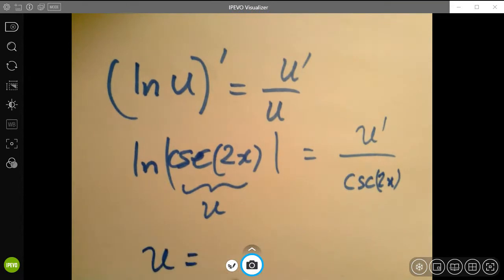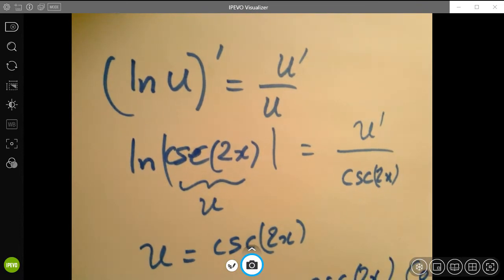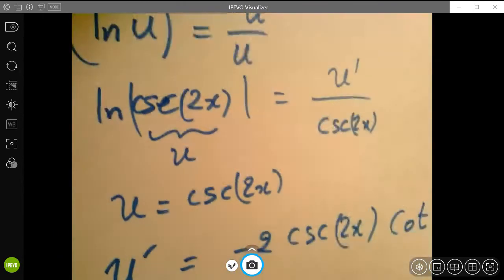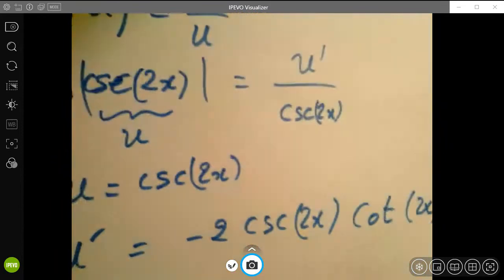Take cosecant of 2x. So what will I get? I will get u prime is minus cosecant 2x cotangent of 2x times 2.